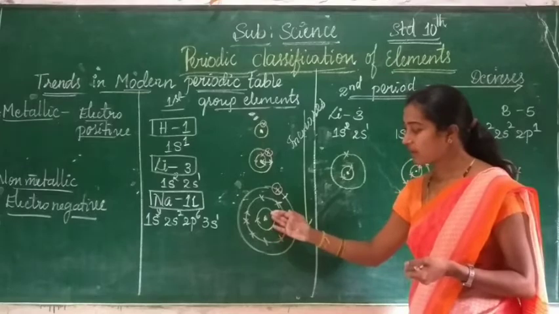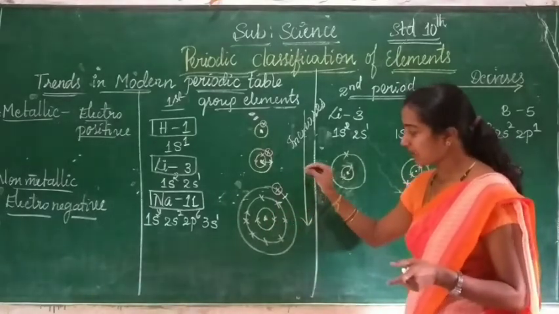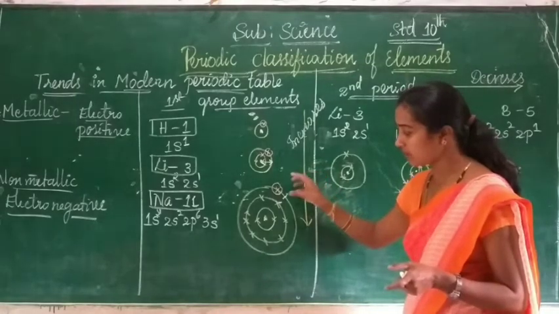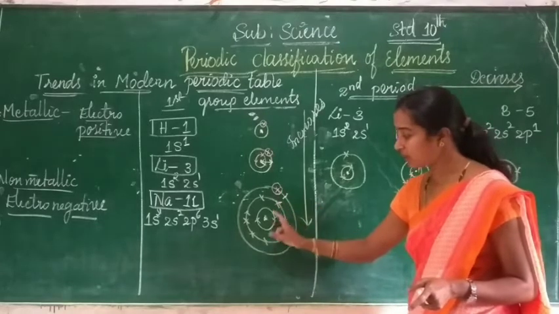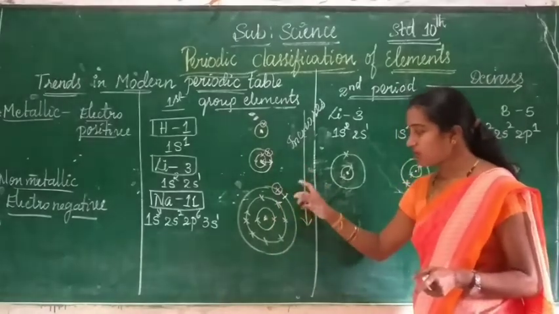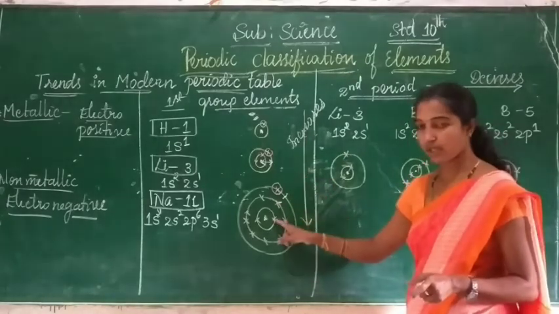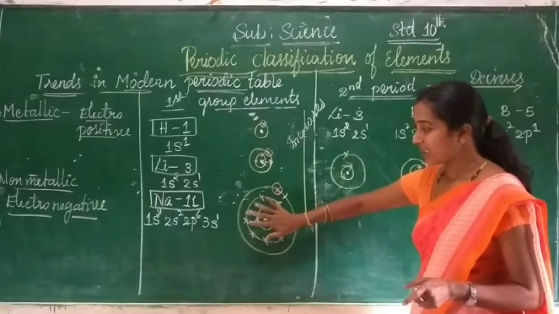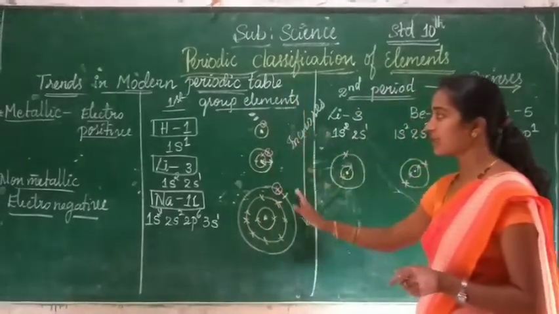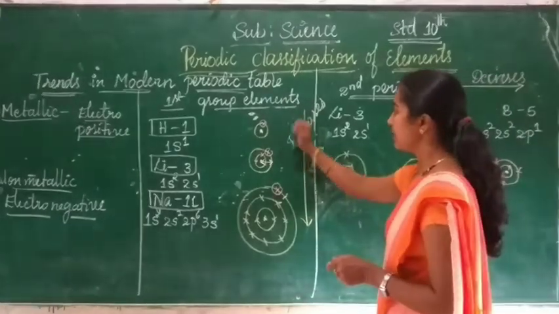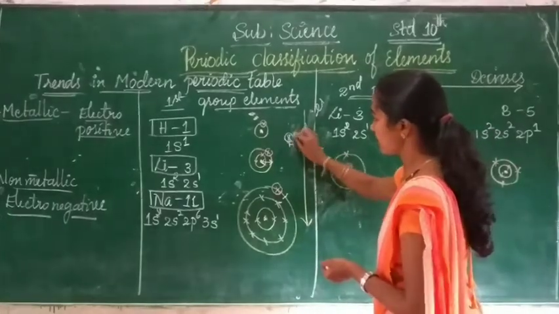See now, the distance between the nucleus and the outermost shell is high. It is difficult to attract the electron from the neighbor atom. The force of attraction between this nucleus and the other atom's electron is very weak, so it is difficult to receive. As a result, the electronegative character of sodium is very less. What happened when we go down the group? The electronegative character decreases.